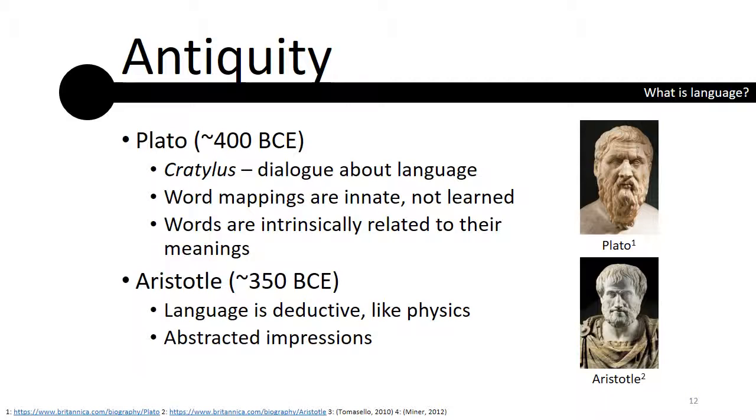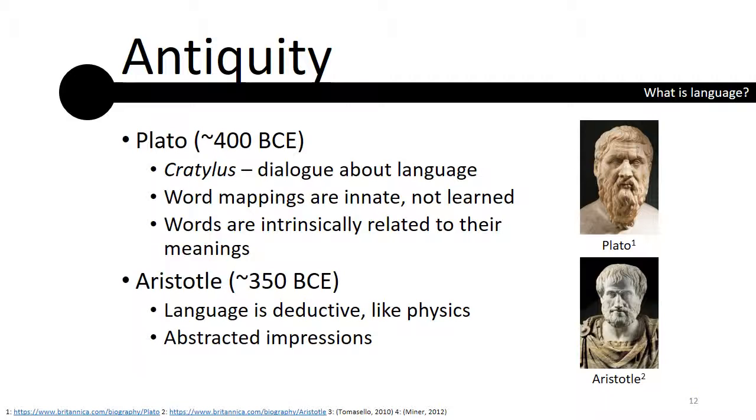So, like with all science, we have to start way back when in the very beginning. If you'll see here, we have Plato and Aristotle, two very well-known philosophers. Plato had the idea that words are innate. It's something that cannot be learned. If you were to see water, you just say whatever sounds right and leave it at that.